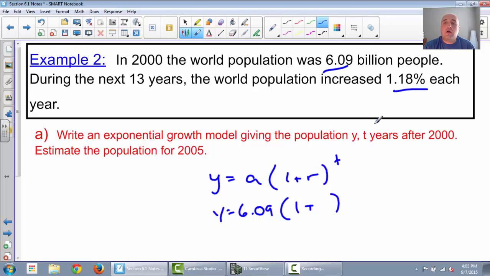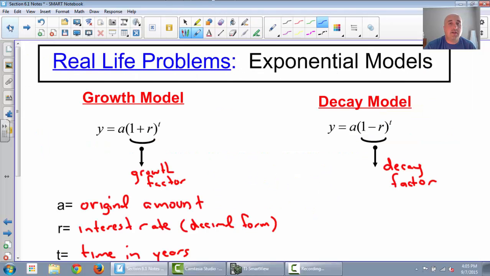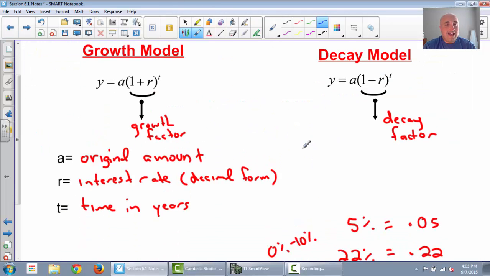So 1.18% is less than 10%, so it's 0.0118. And I want to go back to this. A lot of times we use interest rate, but this is just whatever your percent is. A lot of times it's just a percent, and in other problems that we'll see later, it's actually called an interest rate.